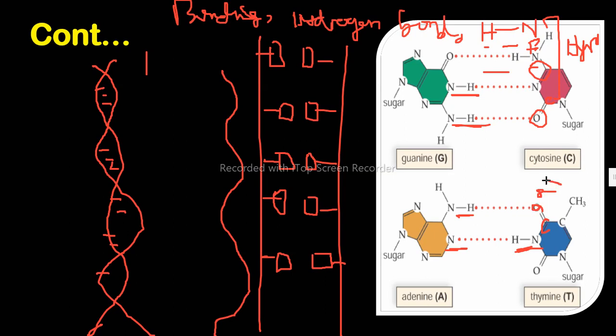This partially negative charge can get attracted to the partially positive charge, hence forming hydrogen bonds within these organic bases that will hold the two strands stable and close together in DNA.